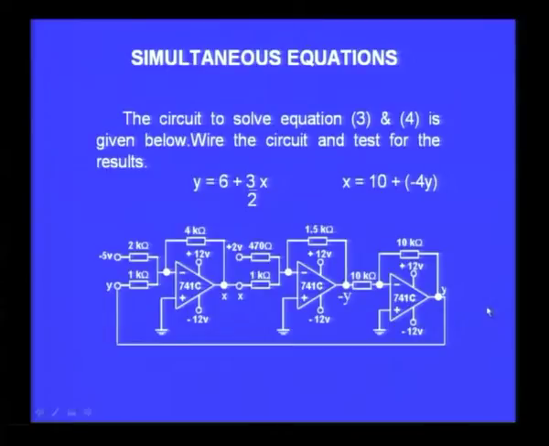Corresponding to the second equation, you can see in the next op amp I have 1.5 kilo ohms and 1 kilo ohm, and so the ratio is 3 by 2 times x, that x is connected here.